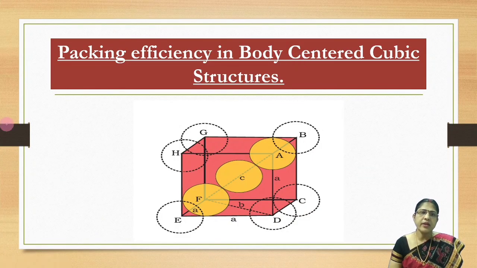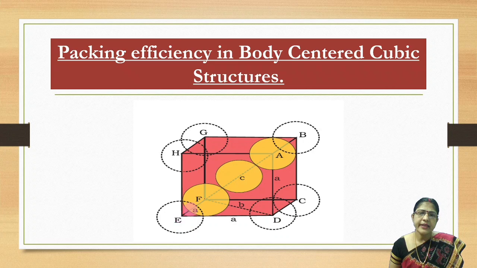Now let us calculate packing efficiency in BCC. As we know, in BCC the atom at the center will be in touch with the two atoms arranged diagonally. If we consider here triangle EFD, is it a right angle triangle? Yes.